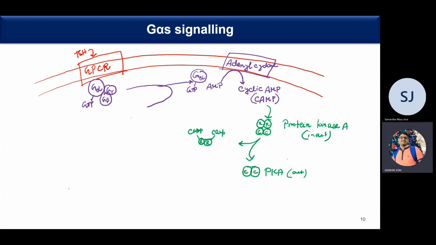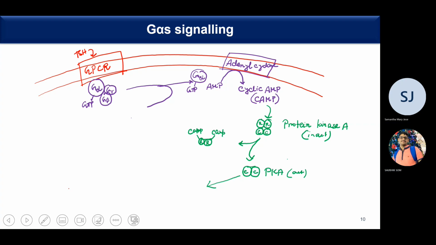Active protein kinase A goes and binds to something known as CREB. A kinase means it phosphorylates, correct? So CREB is a transcription factor.